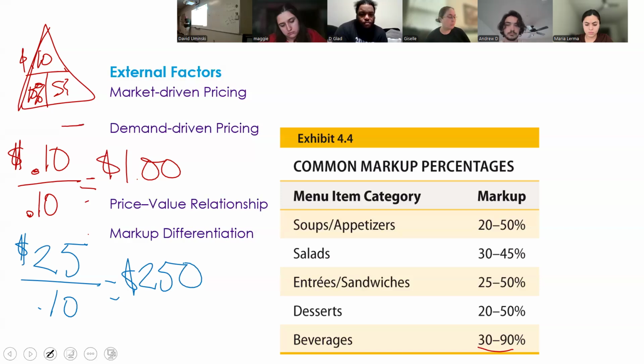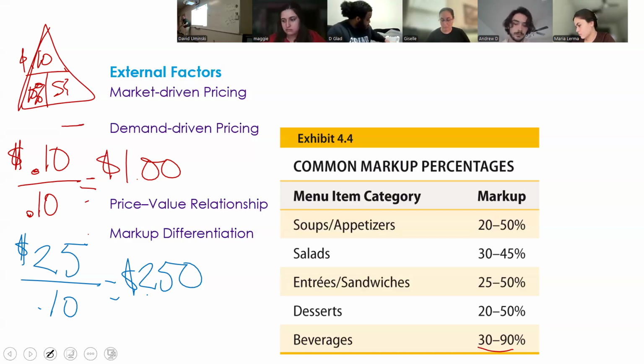If we go back to that price value relationship, do people see a value in paying $250 for a steak? Probably not.